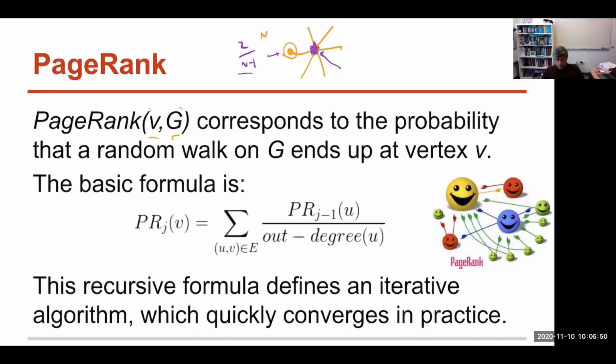What it basically says is there's a recursive formula, or a recurrence relation. The PageRank of vertex v at time j is going to be, I'm going to sum up over all vertices u such that there is a directed edge from u to v.